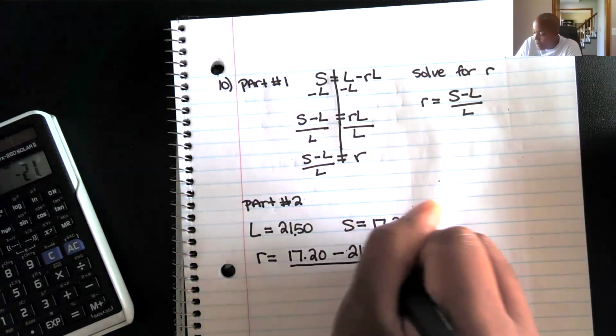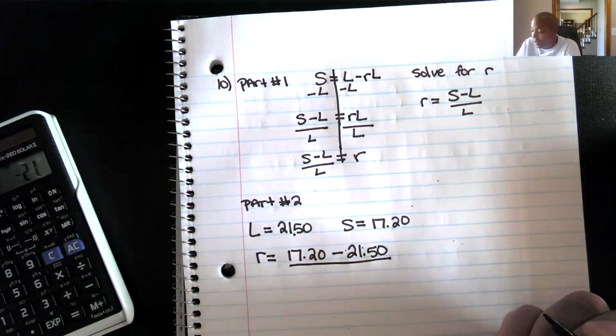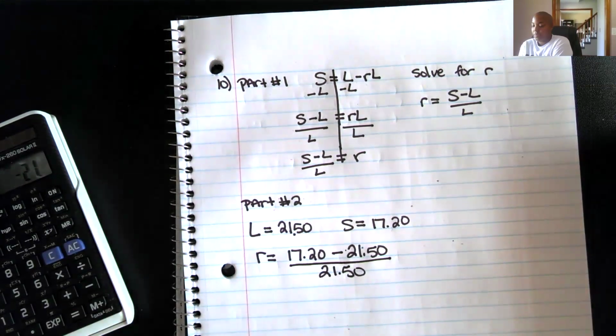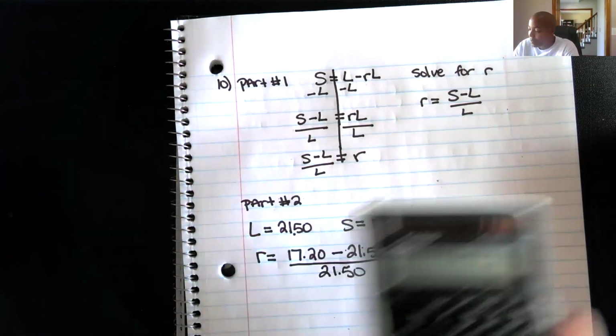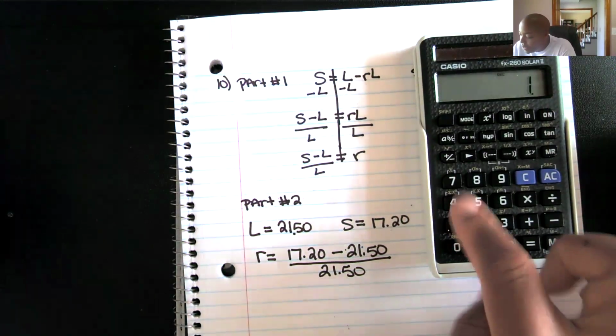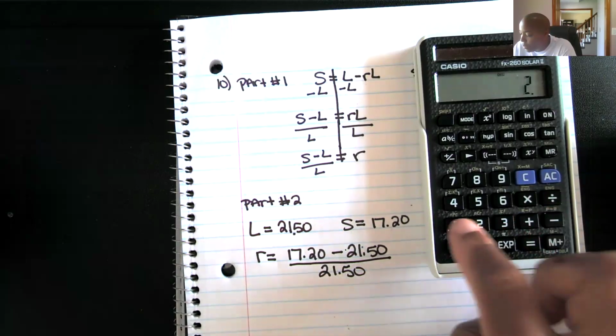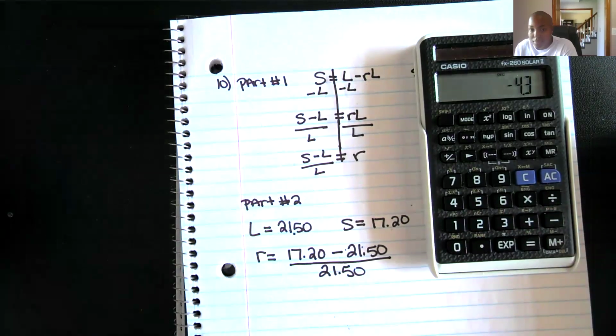And that is divided by L, which is $21.50. Okay, so we just have to simplify this. We simplify the top. So we have $17.20 minus $21.50, which is negative 4.3.